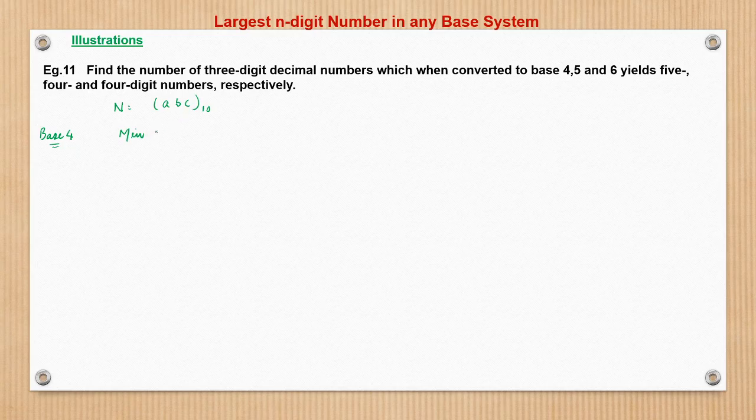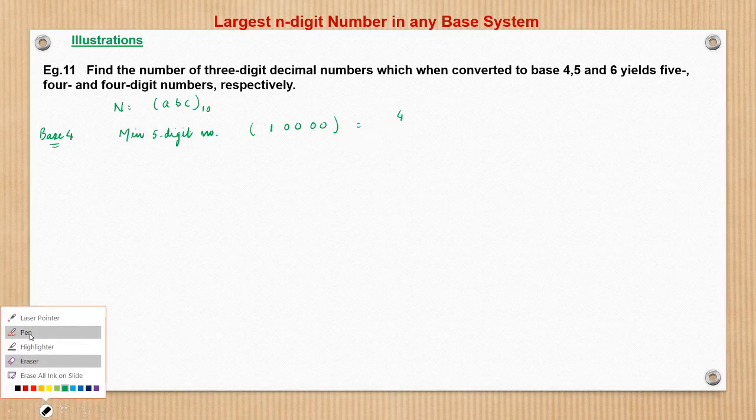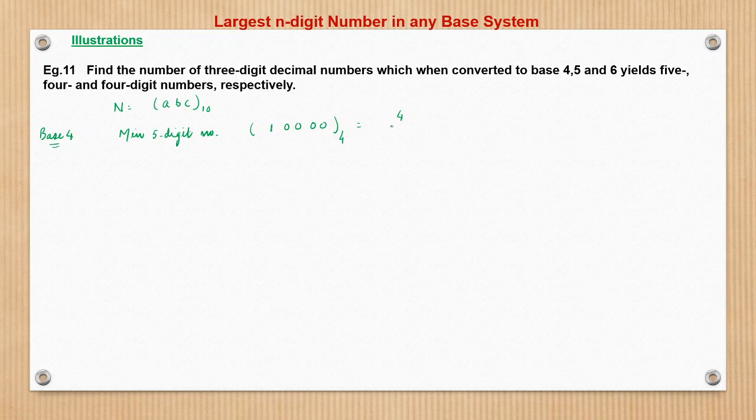So the minimum 5-digit number in base 4 is 10000. Sorry, base is 4 here, my mistake, so it is 4 raised to power 4, which is 256 in base 10, right? This we have converted to base 10.